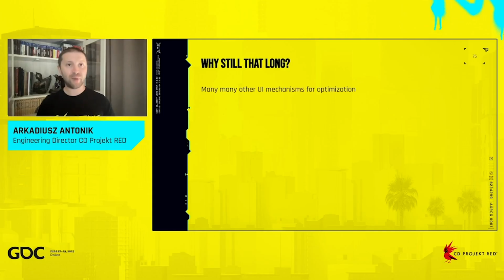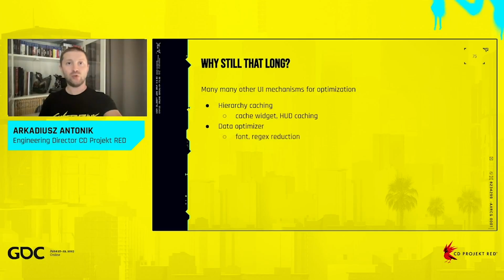Because there is a bunch of smaller but very important optimizations that have to be done, and we introduced them to the final game. For example, hierarchy caching to not redraw it every frame, a data optimizer to reduce the cost of recalculation, static regex, or removing from memory all glyphs that are never used in any text in the game.